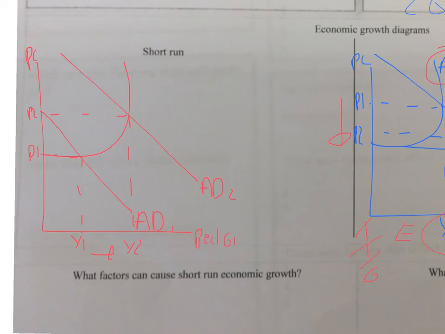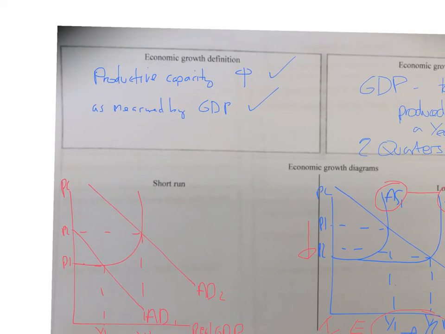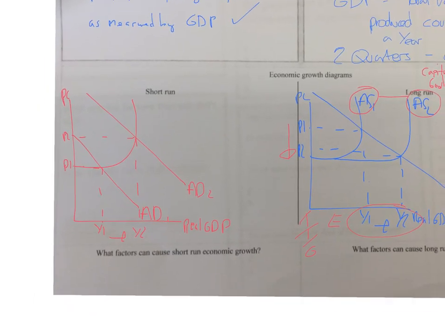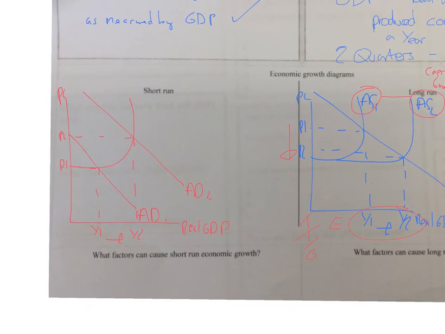There we are. So AD has increased. Now going back to our definition, for it to be proper economic growth, the productive capacity of the economy has to go up, as does GDP. As you can see in this diagram, only GDP goes up. So that's one part of it. But the problem is the productive capacity of the economy has stayed the same, which means it can't be called true economic growth.